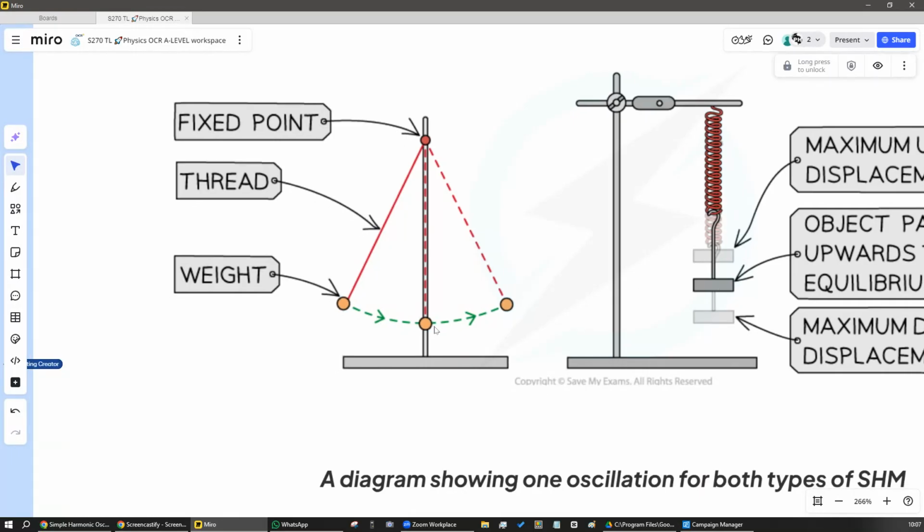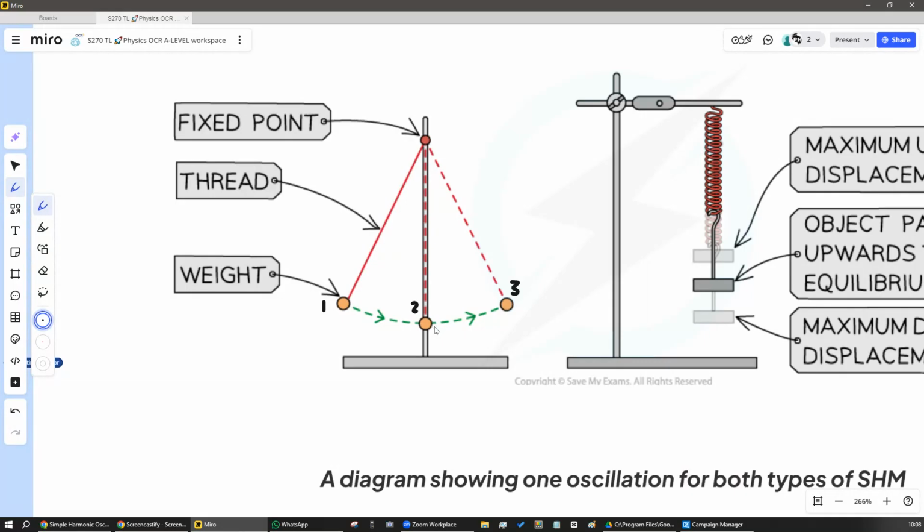But we've got positions. Let's say position 1. It's going to start off at position 1. It's going to move towards the left. The midway point would be position 2. It's going to carry on past the midway point to position 3, which is the most extreme position on the right-hand side.